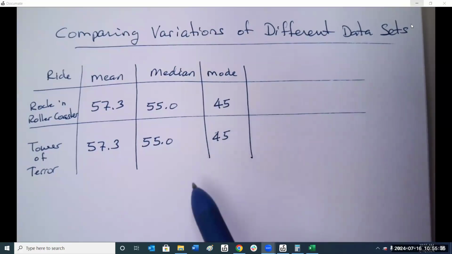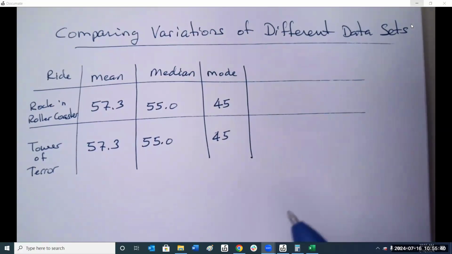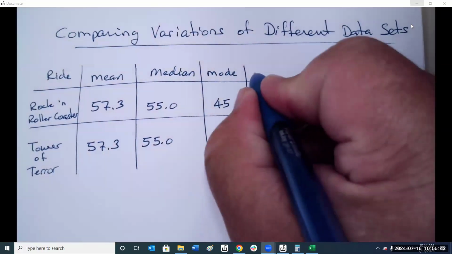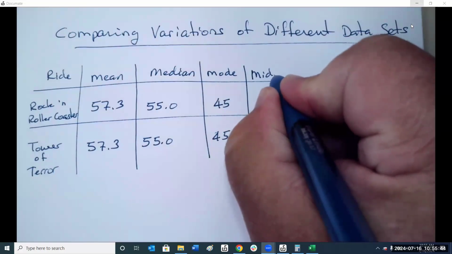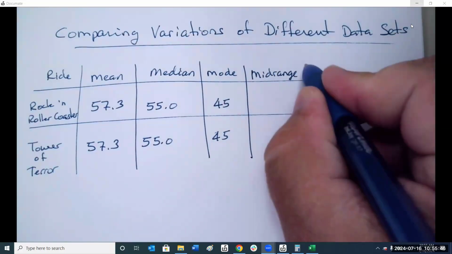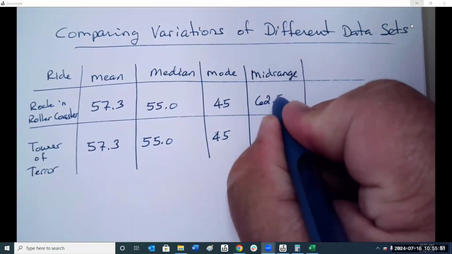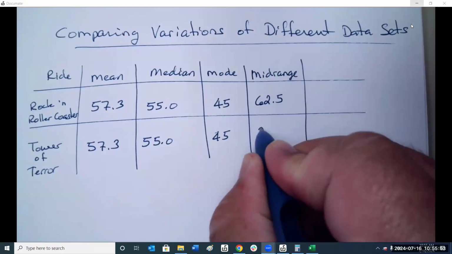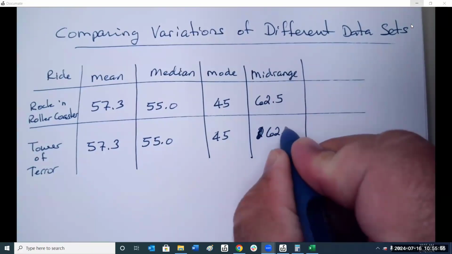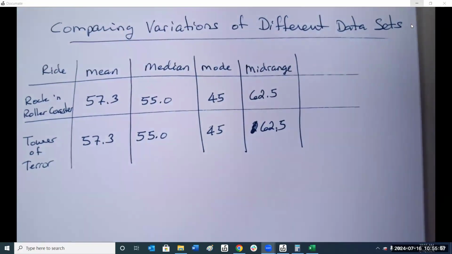That means most people only wait 45 minutes. The mid-range is 62.5. What is the mid-range? Right, take the two extremes and divide by 2.